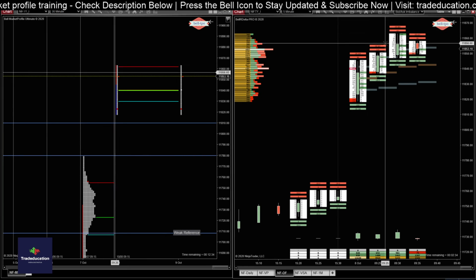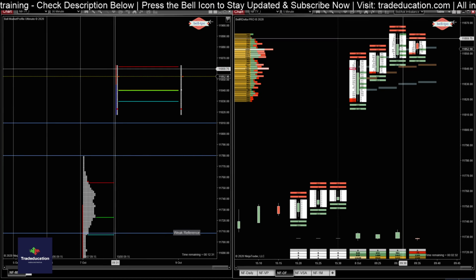Okay, so some sort of exhaustion seen, a sort of hammer pattern.